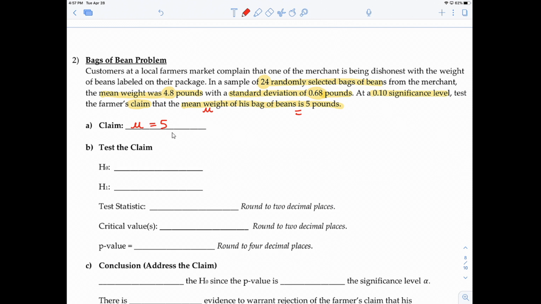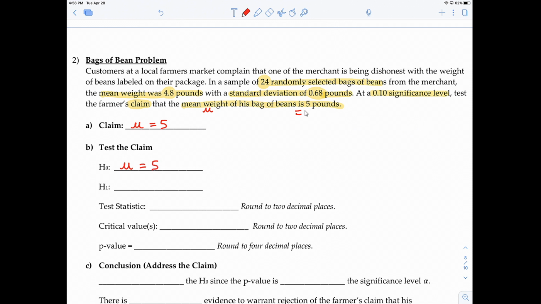For the sake of keeping it clean, I'm omitting the unit of measure. The null says that there's no change or no difference. In this case, there's no change between his label and what the actual weight is. So mu is equal to 5.